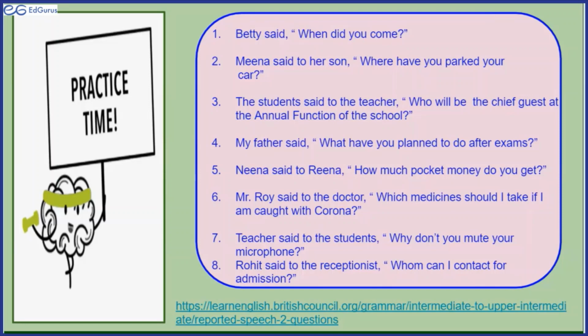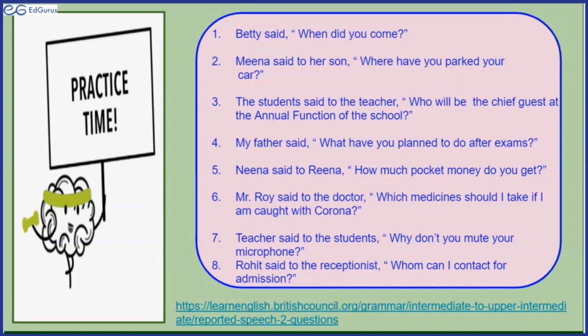Asked is always correct, whenever there is a question mark. And when it is "said to," it is changed into asked. We don't say asked to or questioned to or inquired to. Clear? So Meena asked her son where he had parked his car.